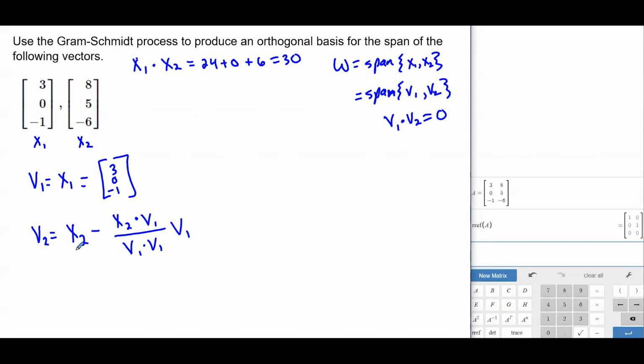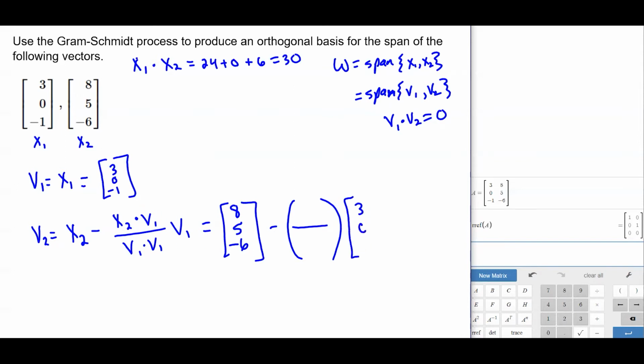Now we just plug these into the formula. x2 is 8, 5, negative 6. Then we have a fraction with these dot products, and we multiply by v1, which is just x1. The numerator is x2 dotted with v1, and since v1 is x1, I dot these two together.